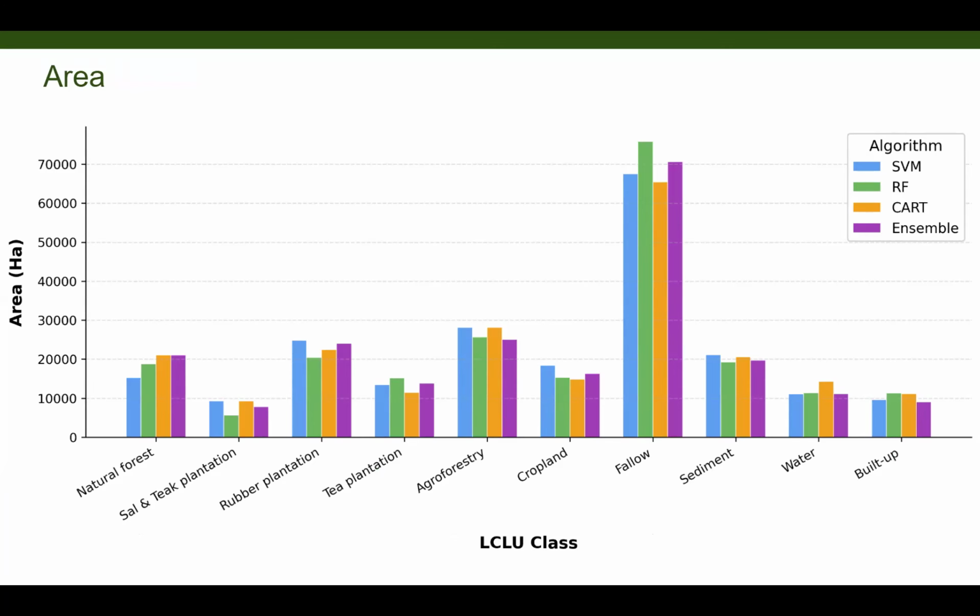Rubber plantation is next, it's a cash crop, and natural forest is very little. SVM classifies less area as natural forest, which could be true. Sal and teak is the lowest. However, tea plantation is more than sal and teak, which I have to take a look at.